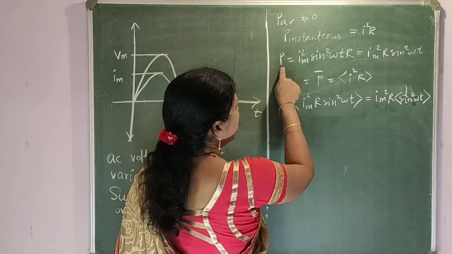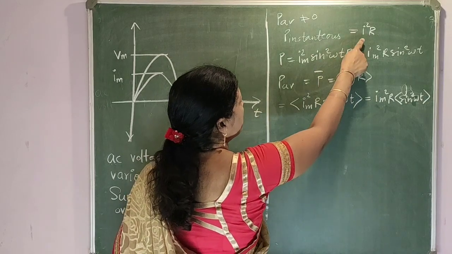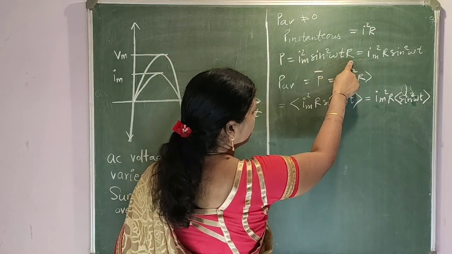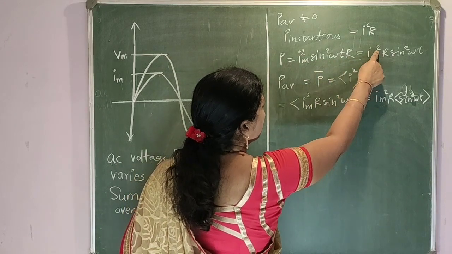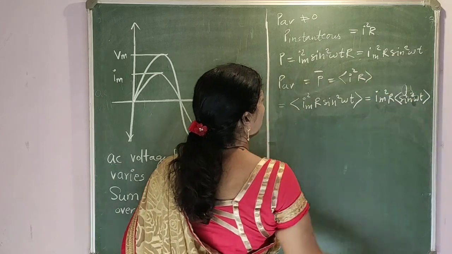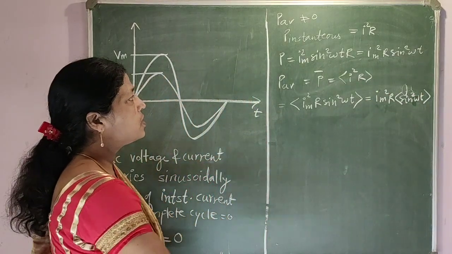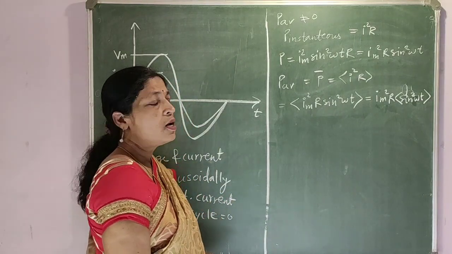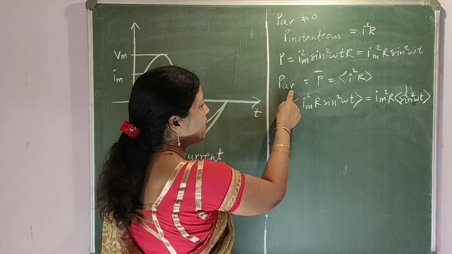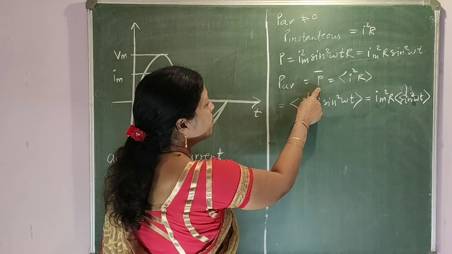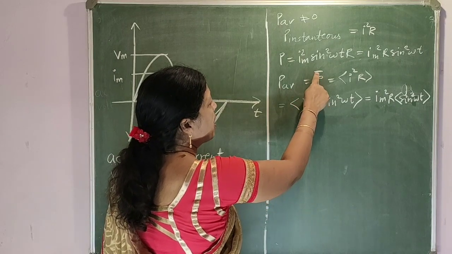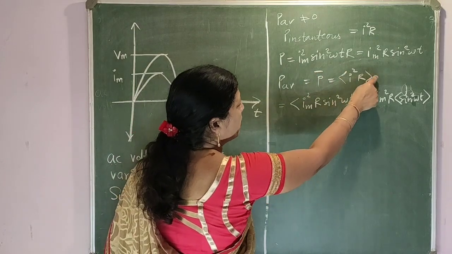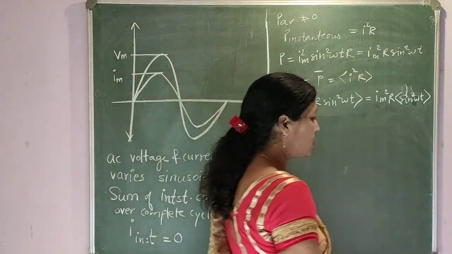Now, P instantaneous we can write by putting the value of I square: I maximum square sin square omega t R. That means I maximum square R sin square omega t. This is P instantaneous, that means instantaneous power. Let us find out what P average is. P average is given by P with a bar over it for average, or it is written in a bracket. Bracket also represents average.